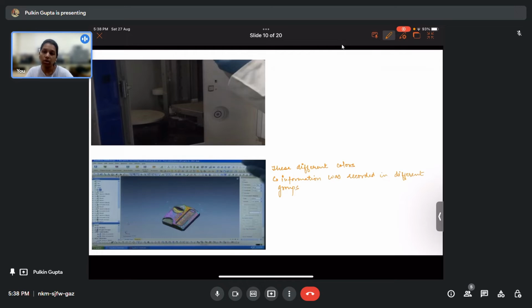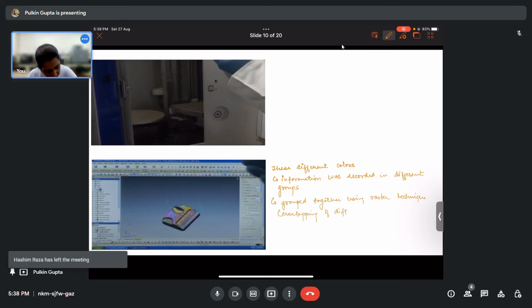That is how the information was recorded, and then it was grouped together using the raster technique, or overlapping of different images, to give us the final geometry.